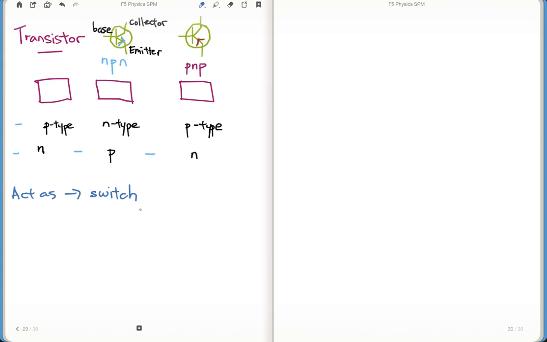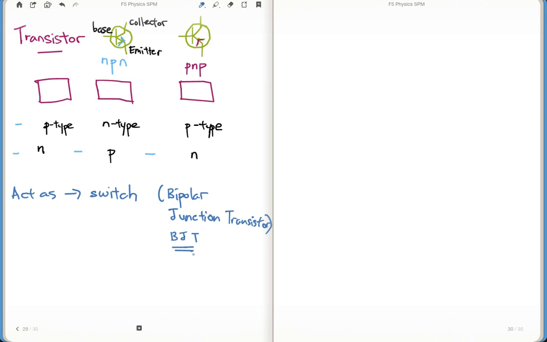Transistor is sometimes also called bipolar, a common objective question: bipolar junction transistor, in short BJT.